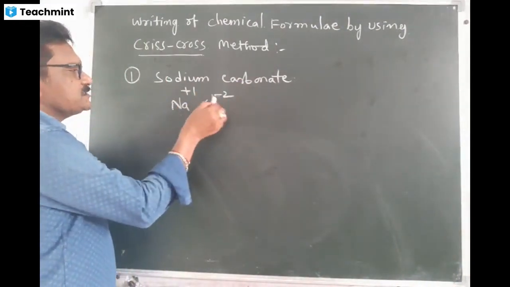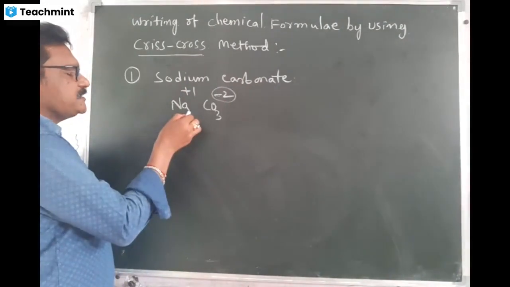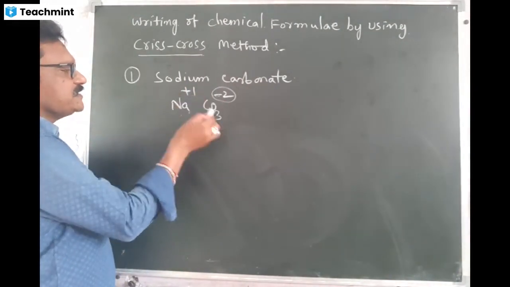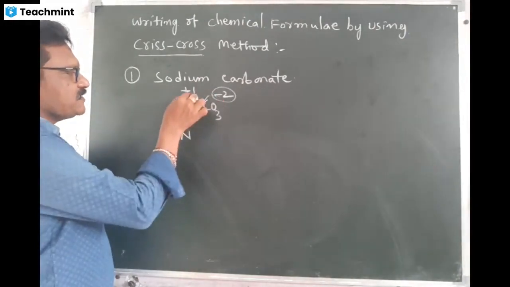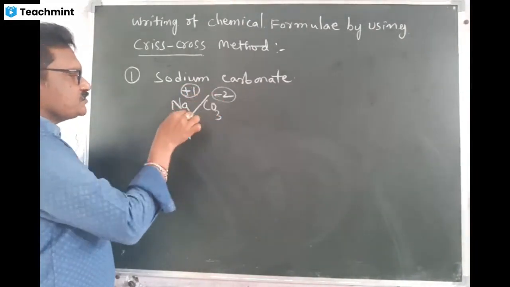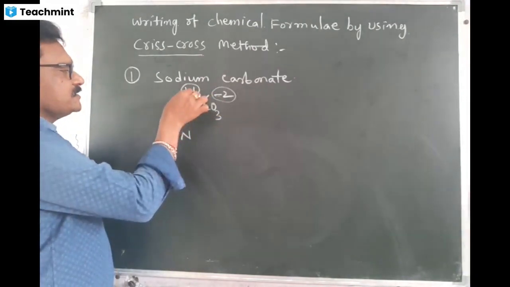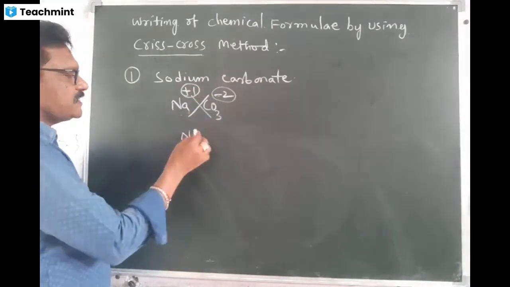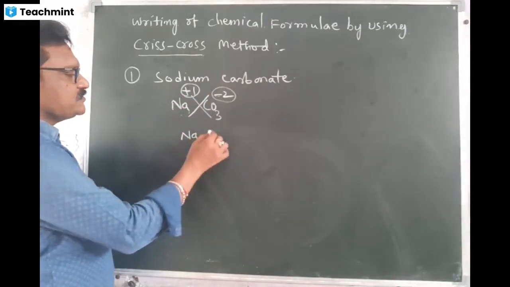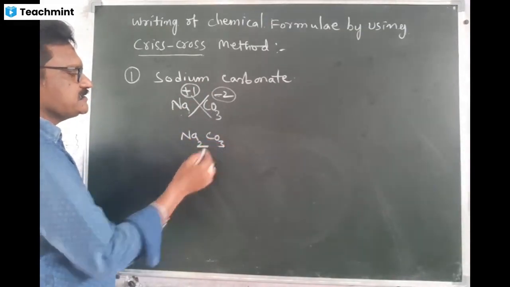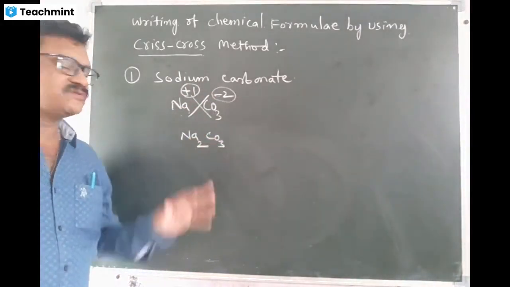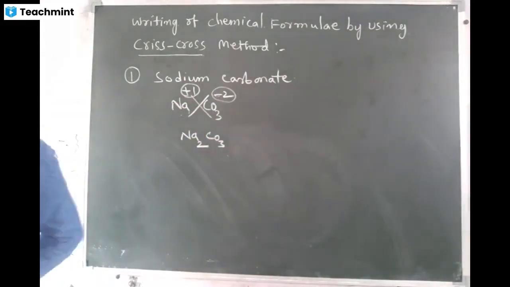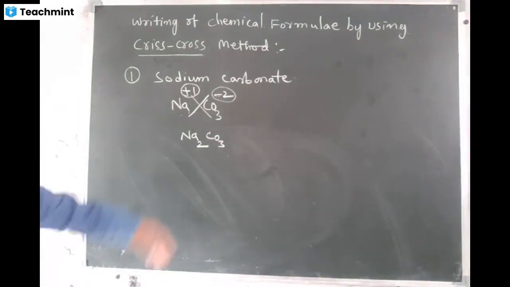That means the minus 2 goes to the bottom of sodium, and the plus 1 goes to the bottom of CO3. That is crisscrossing. By that we are getting Na2CO3, Na taken twice and CO3 once. This is the sodium carbonate formula. Write down.